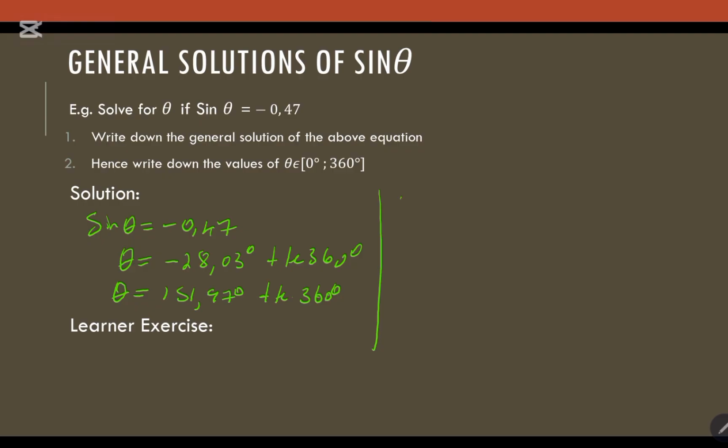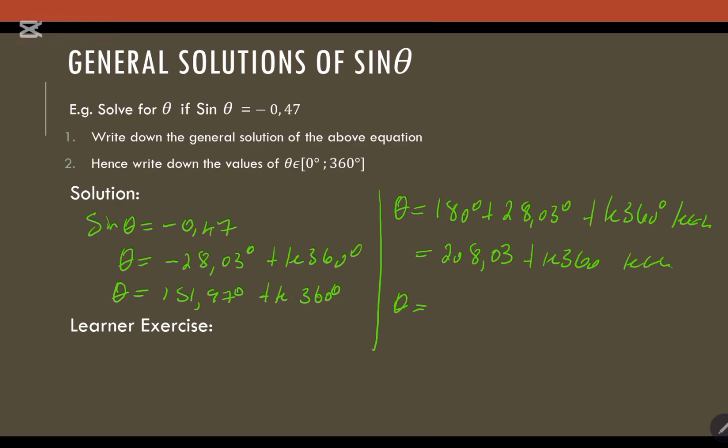So you can also say theta equals 180 degrees plus 28.03 degrees plus K times 360, and K is an element of Z. So that is 180 plus 28.03 degrees. That gives us 208.03 plus K times 360, K is an element of integers.